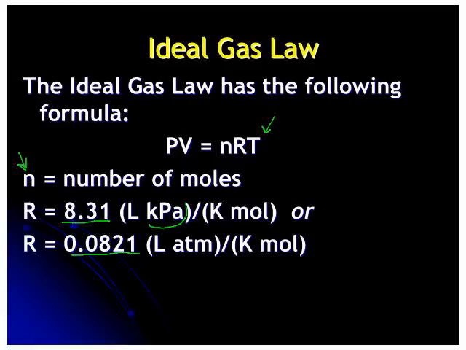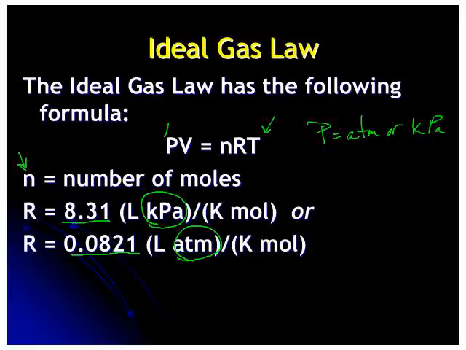It depends on what you're using for units. So there's kilopascals or atmospheres. Pressure has to be, in this case, in atmospheres or kPa. If it's in atmospheres, you're going to use 0.0821. If it's in kPa, you use 8.31.